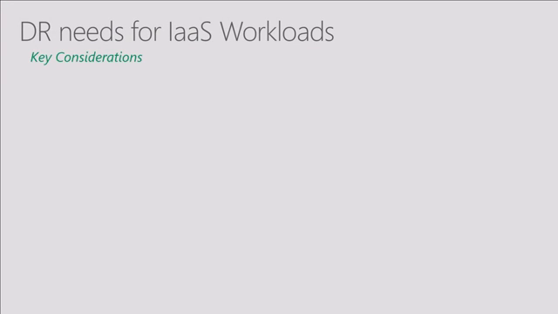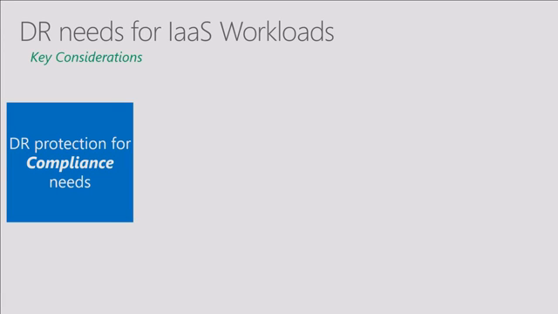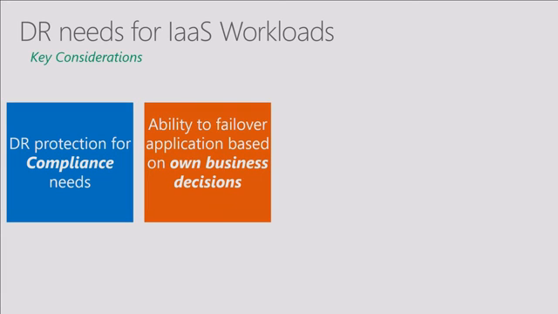So let's also understand the DR needs. It might be evident to you, but I still want to call out very clearly what the DR needs are. We have been speaking to about 100 enterprises as part of our exercise when we started building this, and these were the 4 key pillars which came out. I need DR protection for compliance needs.